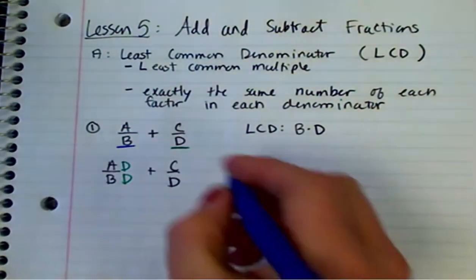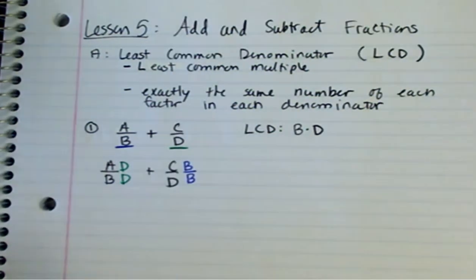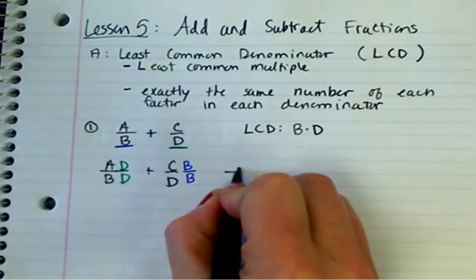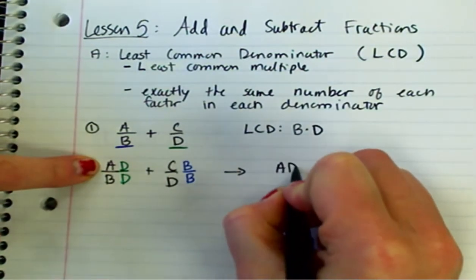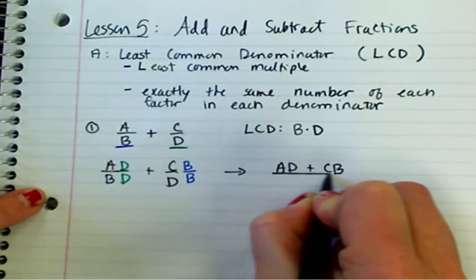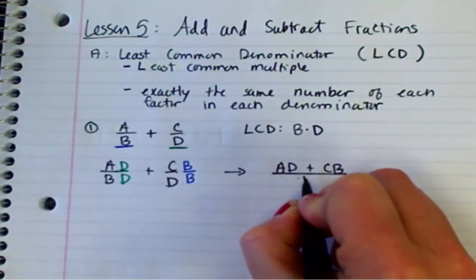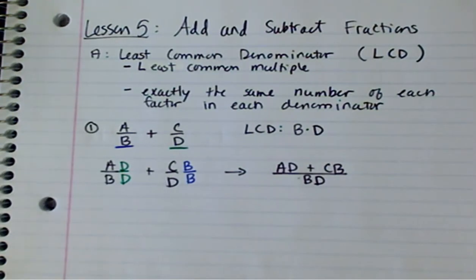Blue factor is missing in the second fraction. What does that give you? Well, it gives me AD plus CB over BD. That's it.